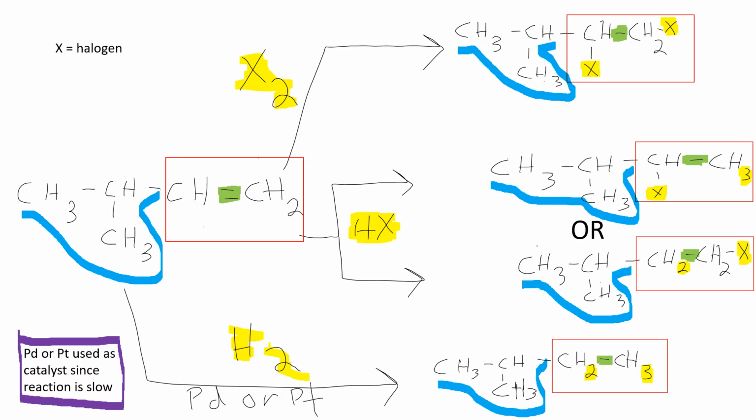You're always going to add to both of the carbons of the carbon-carbon double bond. The carbon-carbon double bond is going to become a carbon-carbon single bond, and then you're not going to make any changes to the rest of that molecule.